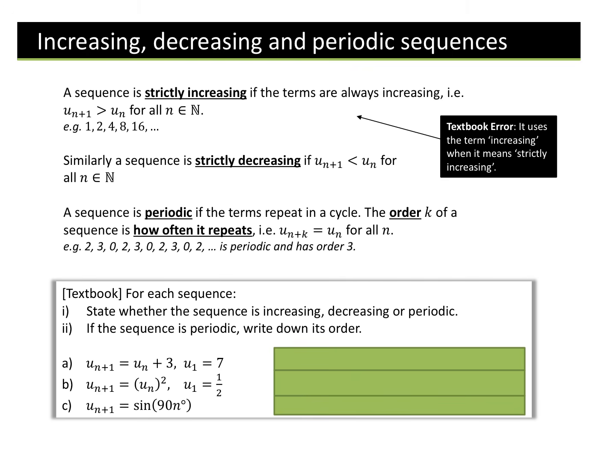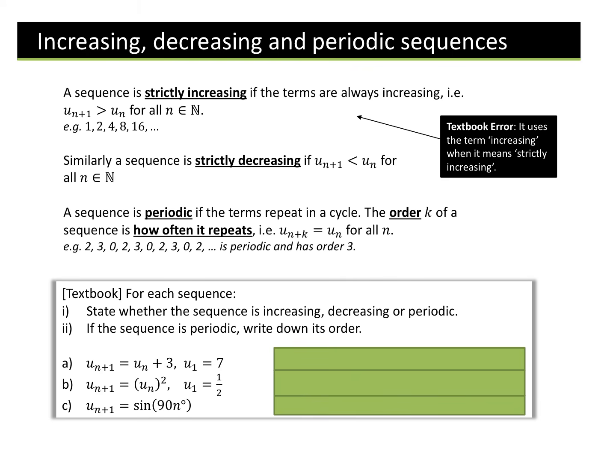And the last part is knowing if a sequence is increasing, decreasing, or periodic. So a sequence is strictly increasing if the terms are always increasing, okay? And it's strictly decreasing if the terms are always decreasing.